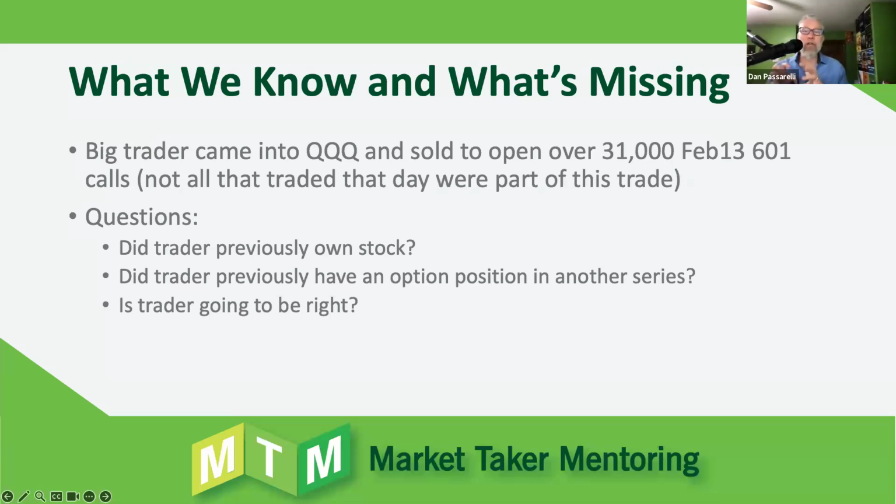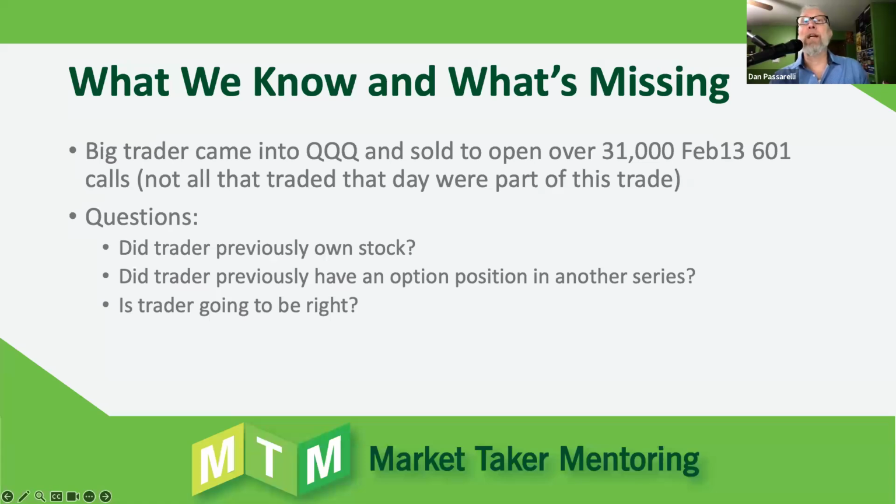Now we can use volume and open interest to make good decisions, right? Well, let's say a big trader came into the QQQs and sold to open 31,000 of the February 13th, 601 calls.